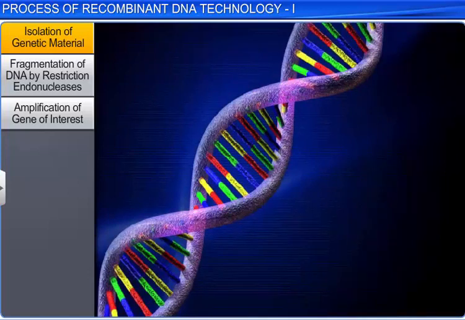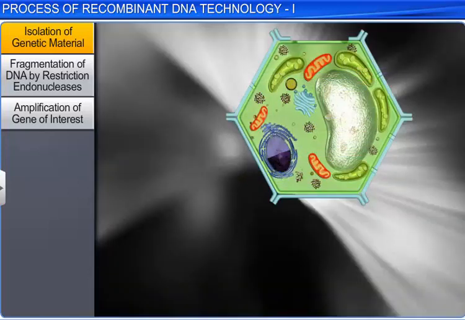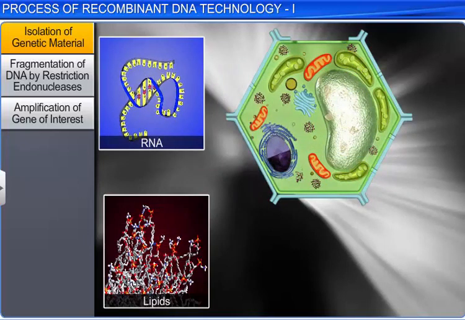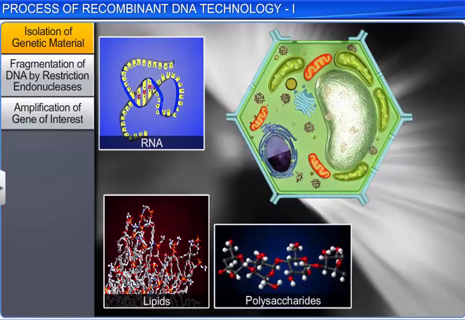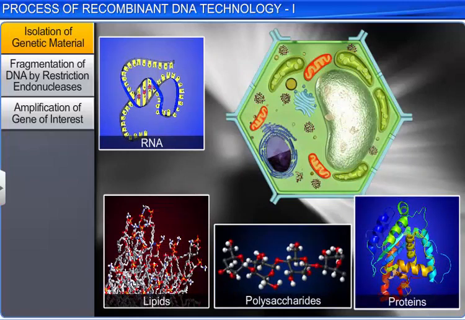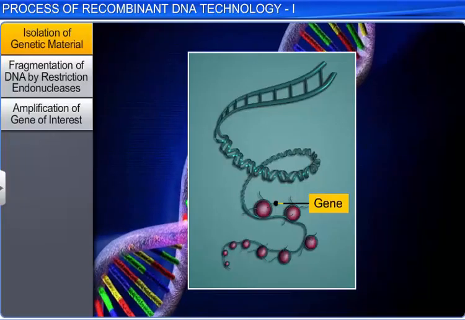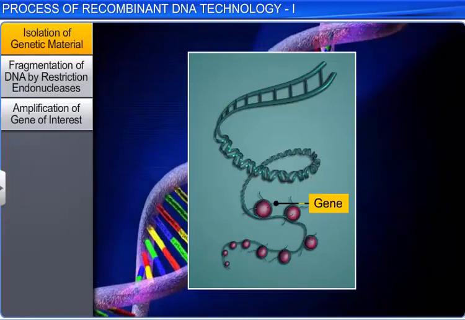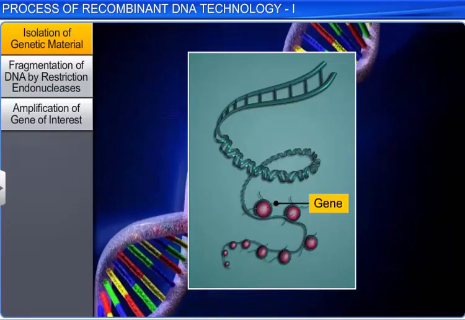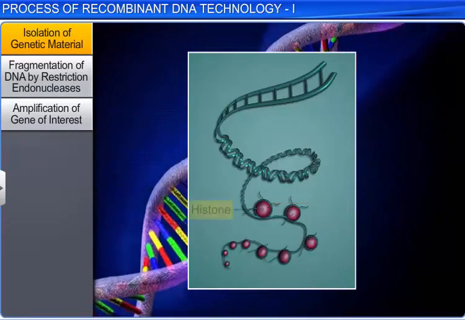DNA is enclosed in the cell membranes along with macromolecules such as RNA, lipids, polysaccharides, and proteins. Genes are located on long chains of DNA which are intertwined with proteins such as histones.